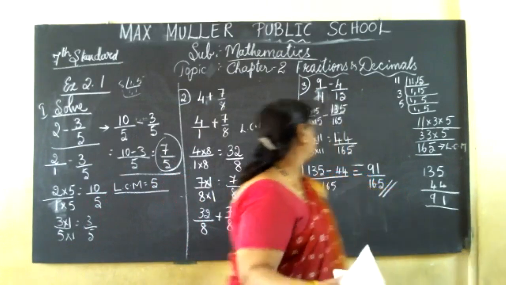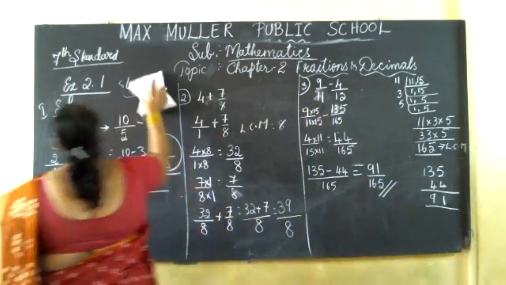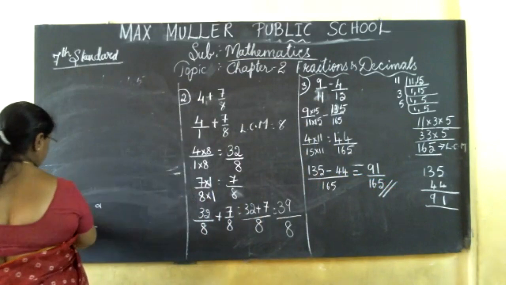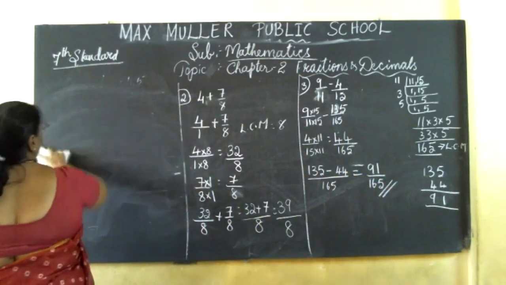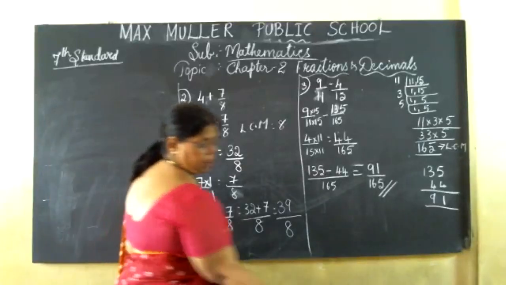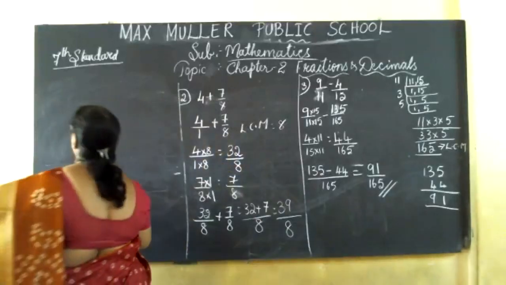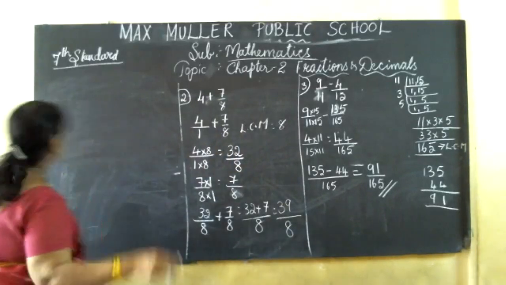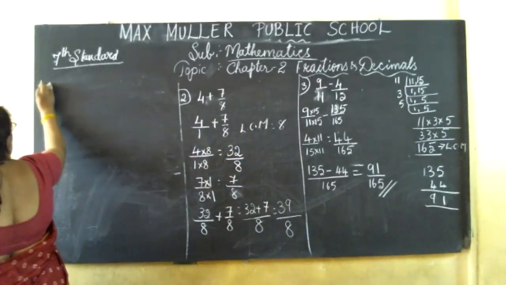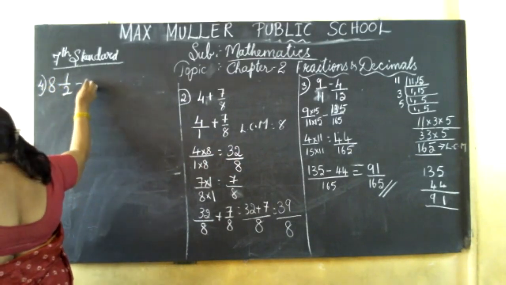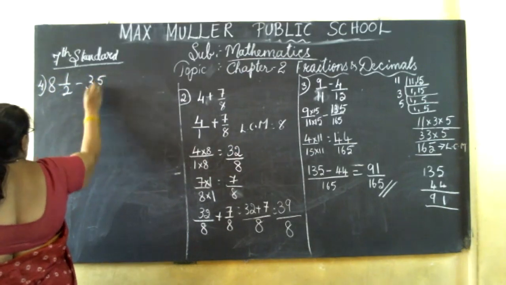So next, third, fourth sum. 8, 1 by 2 minus 3, 5 by 8.